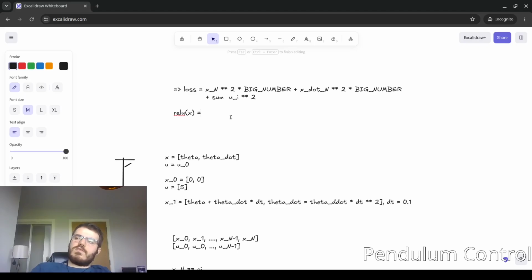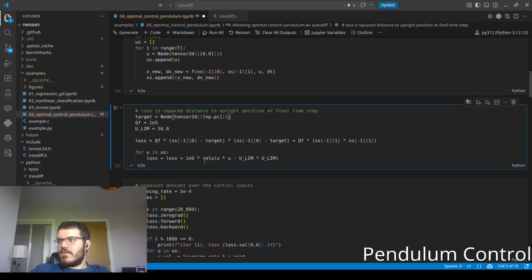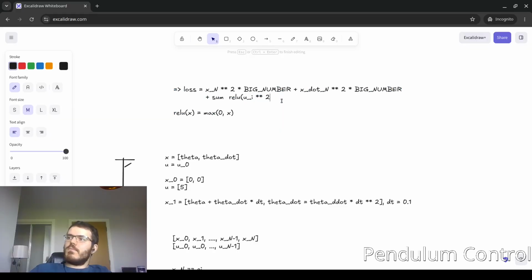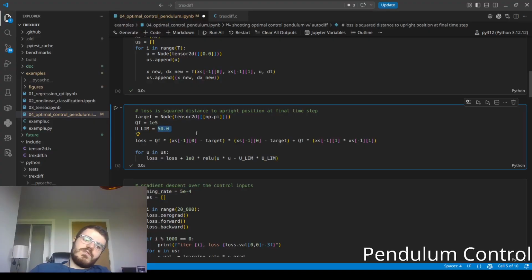So it's basically the max of 0 and the number, right? So if it's less than 0, then we get 0, and if it's greater than 0, then we just get the number. So here we actually do ReLU of u of i squared minus the limit, again squared. So basically, I get here from minus 50 to 50.